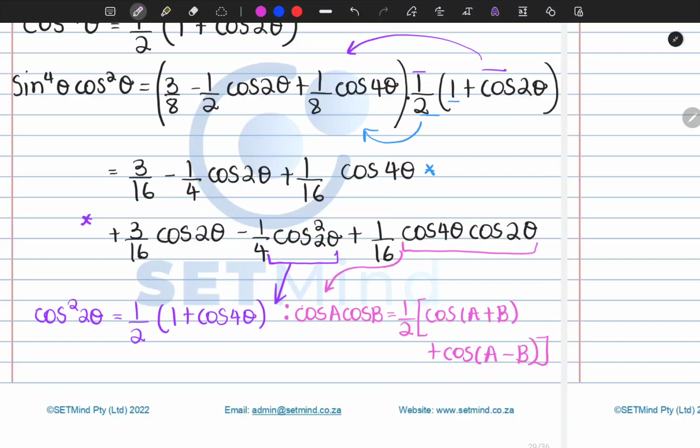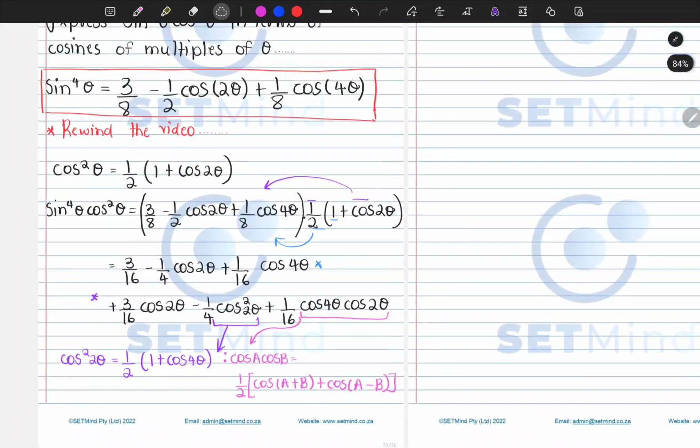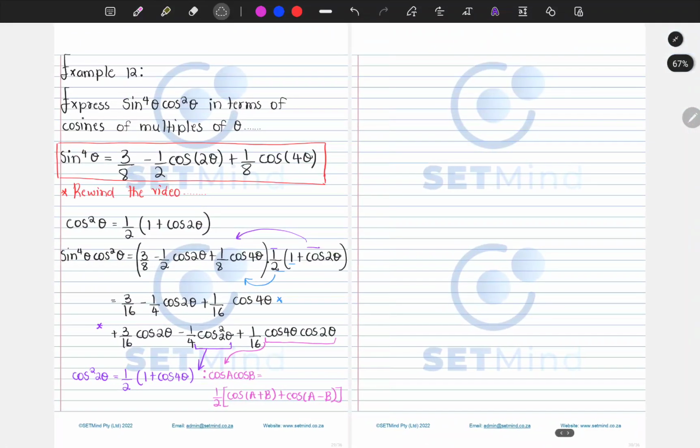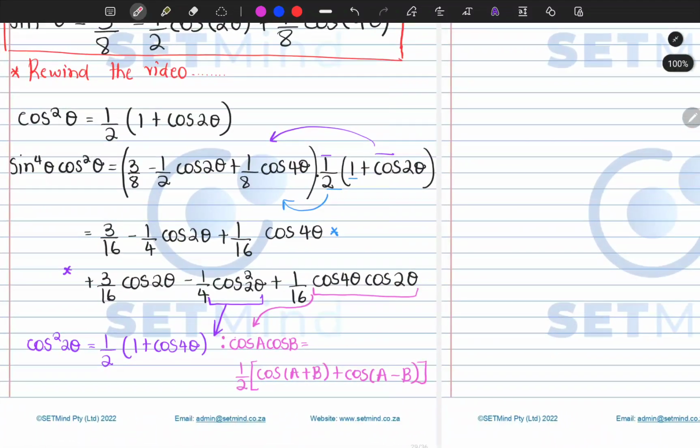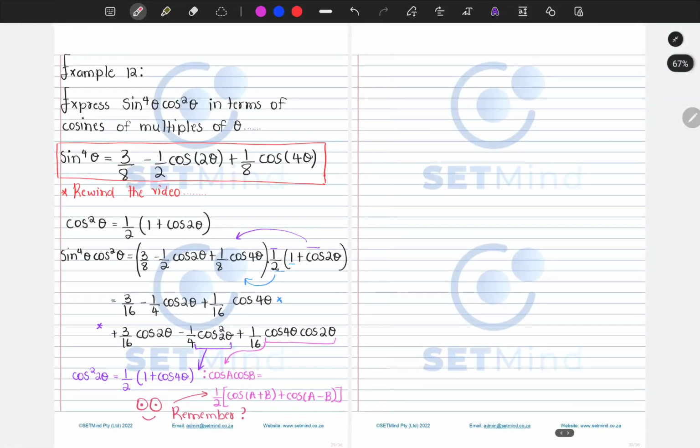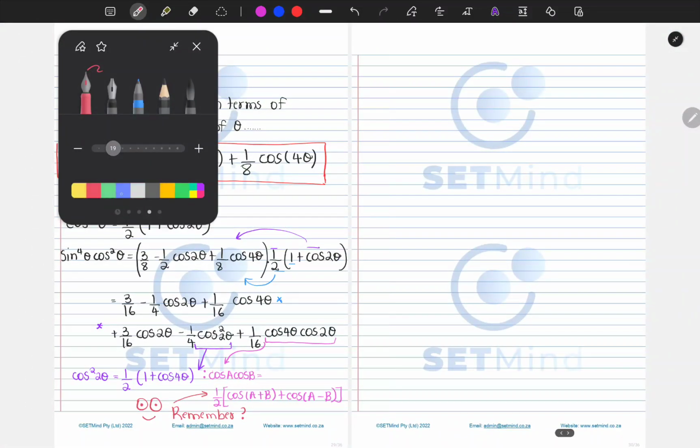So we had an expression which was like this. Okay, so that's what I'm going to use to expand that. So I'll quickly do its expansion, and you need to make sure that you remember this here. So that is why we had to quickly write down these earlier at the beginning of this session.